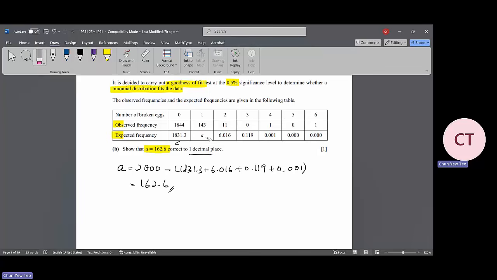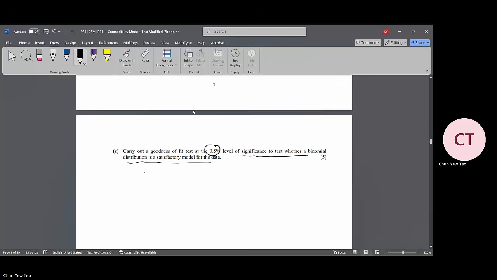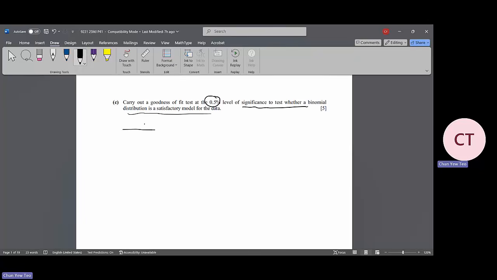So we need to total them up, combine these columns so that it will be more than 5, and reconstruct the table again.